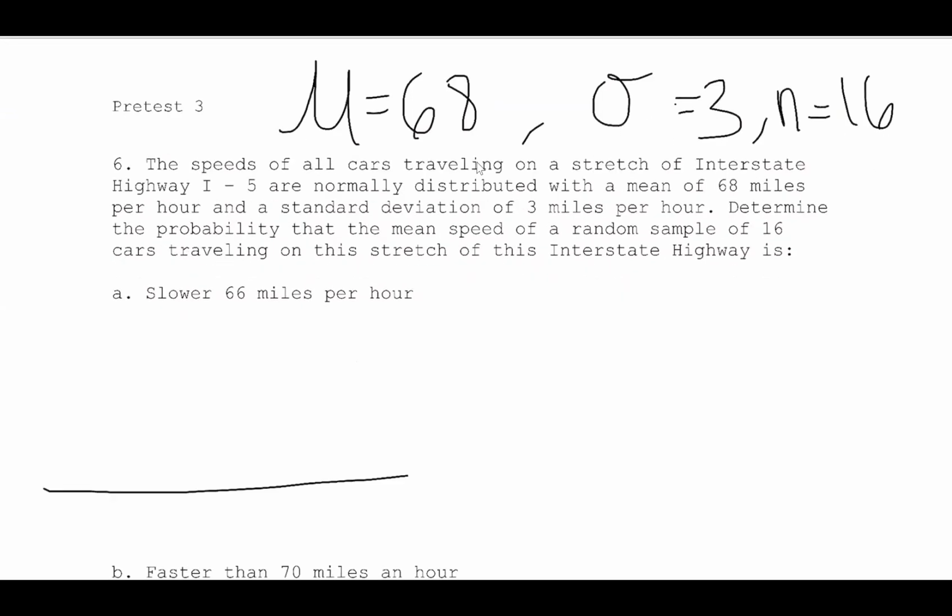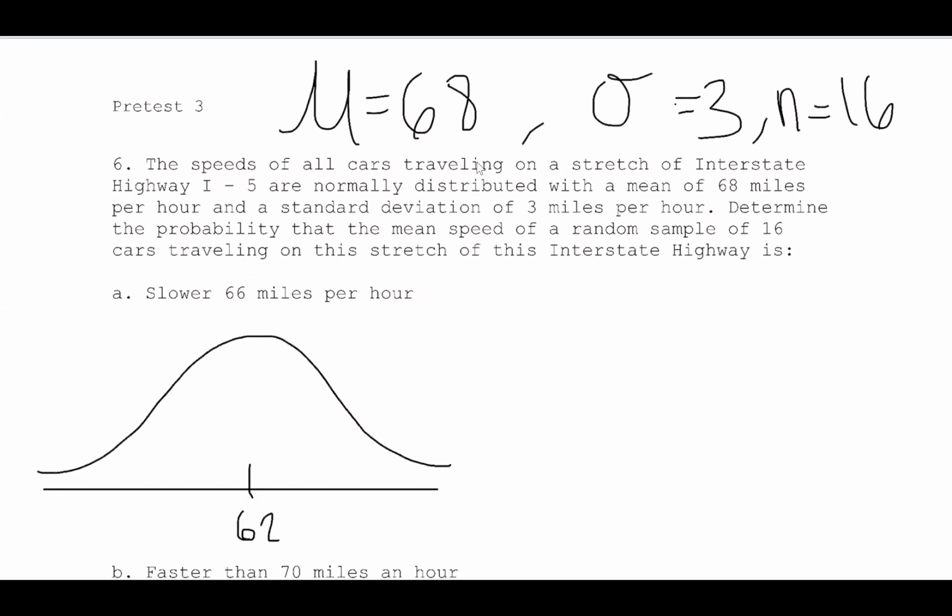So let's go ahead and draw this out. The middle should be 68, and we want it to be slower than 66. So here goes 66. If they say slower, slower means you shade the left-hand side. All right, so far that's my drawing.